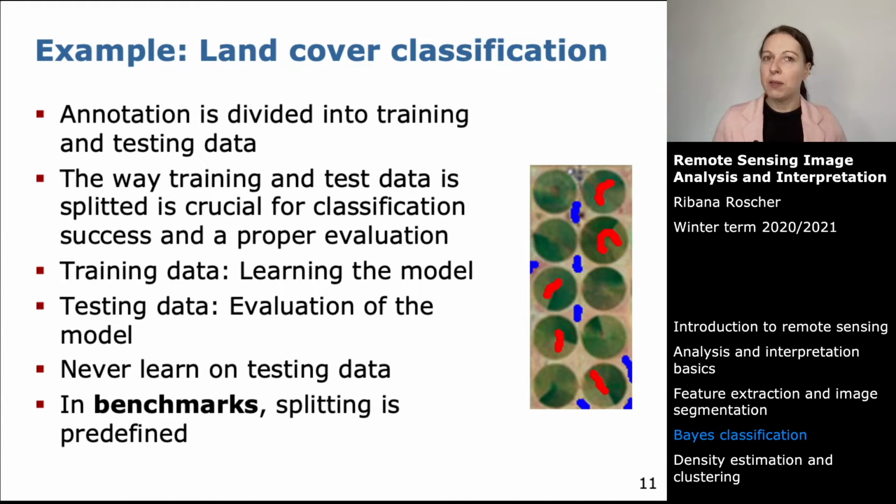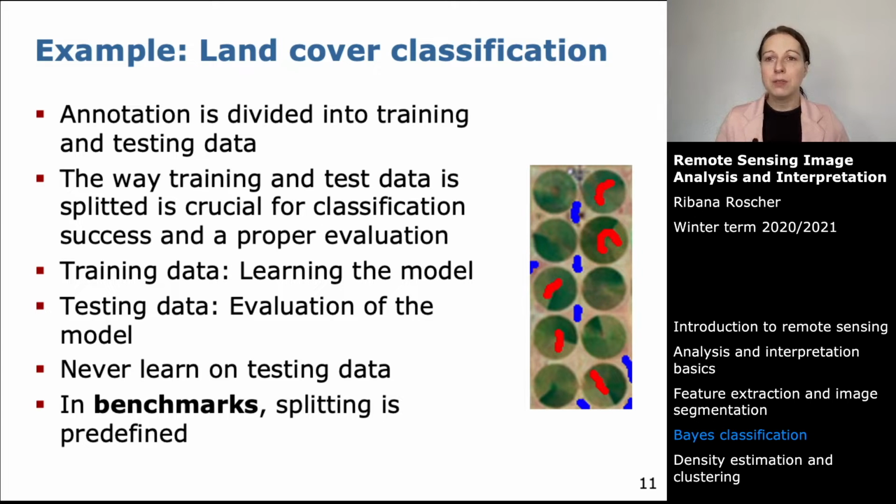The way you split the training and the test data is crucial, first of all for the classification success, but also for how well the evaluation actually reflects how good your model is. Because if you have a wrong splitting, it might happen that your evaluation result is too positive and your model actually does not generalize well to unseen data.